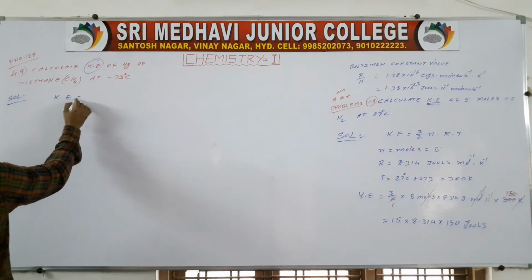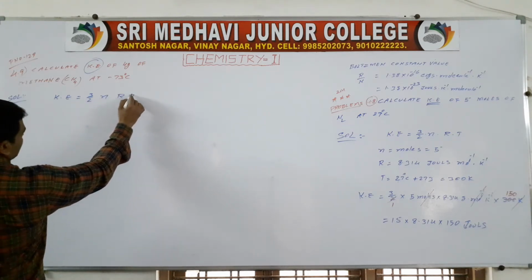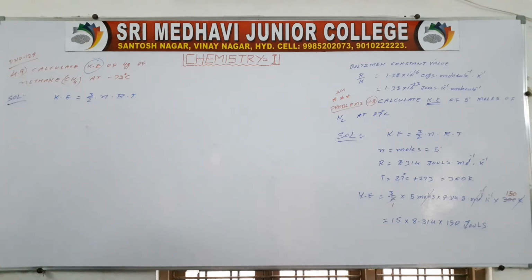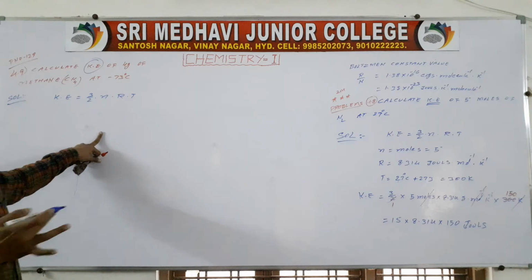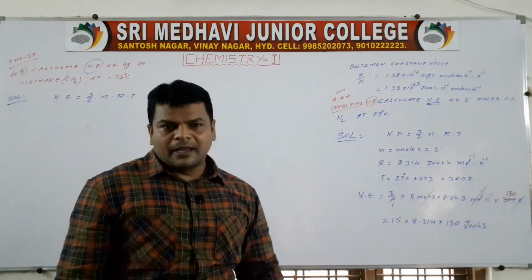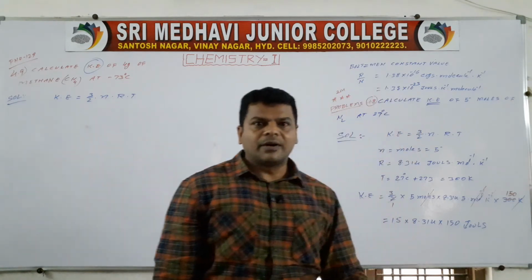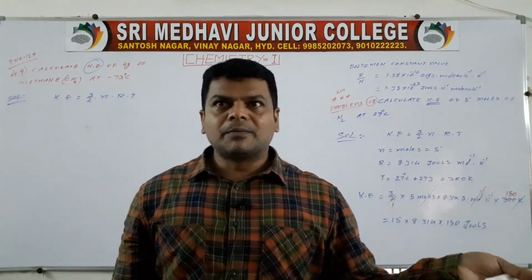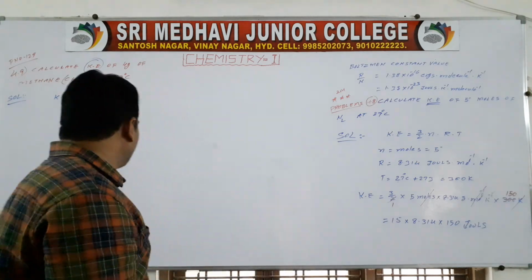Kinetic energy equals 3 by 2 nRT. Here n is not given, so we have to calculate it. It is the twist in this problem. In the previous problem, the number of moles is given. In this problem, the number of moles is not given.